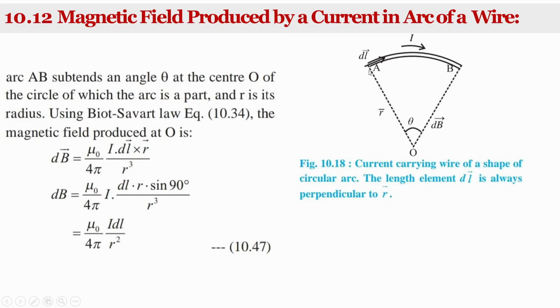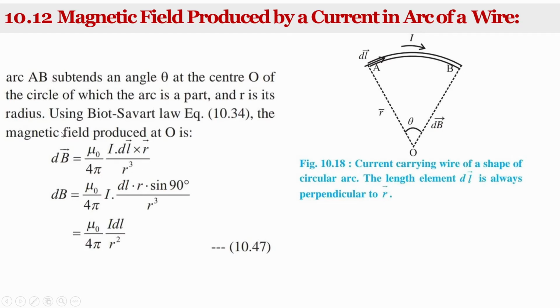What is the formula for the magnetic induction produced at point O according to Biot-Savart's law? The formula is vector dB is equal to mu naught upon 4 pi I dl vector cross r vector divided by r cube.